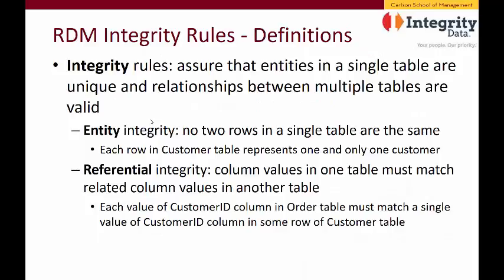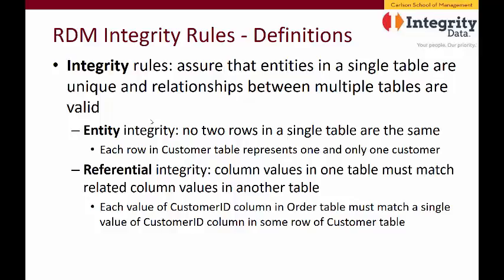It is RDM integrity rules that ensure that data and relationships are valid, consistent, and reliable. Entity or table integrity makes sure that no 2 rows in a single table are the same. Otherwise, we could have multiple rows representing a single instance of our sporting goods customers, with all the inconsistencies and problems that would entail.